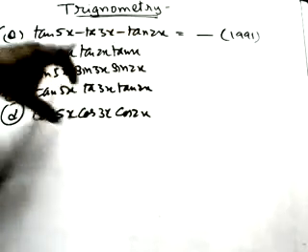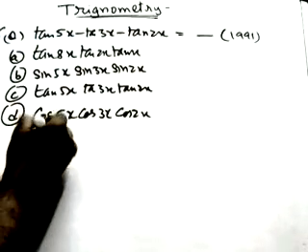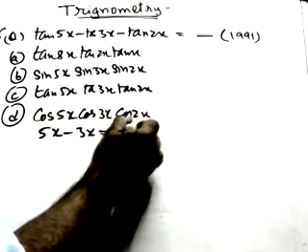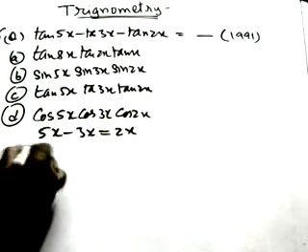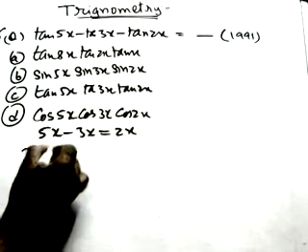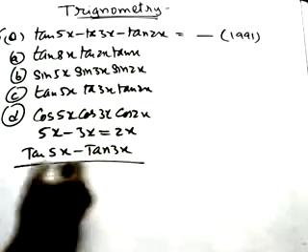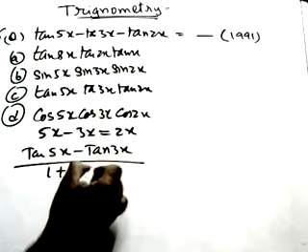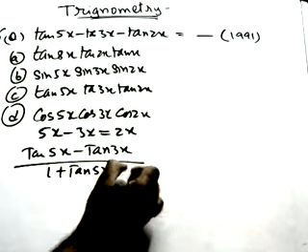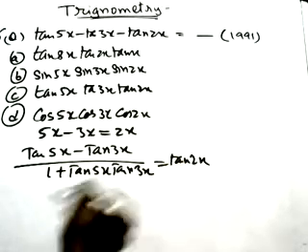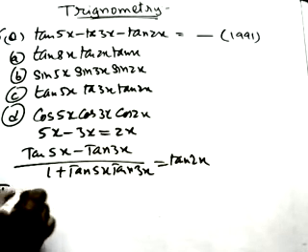Now see here, same question: 5x, 3x, 2x. We can't apply any direct formulas. You know, 5x minus 3x can be written as 2x. Now apply tan on both sides, so this will be tan of a minus b. Tan a minus tan b divided by 1 plus tan a tan b equals tan 2x. Now cross multiply.